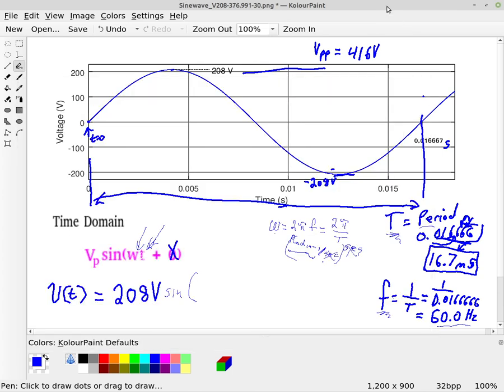So we're going to have 377 times t. And this is what we call the time domain form of this particular sine wave. So this is the time domain. We get the peak value, which in this case is a voltage, and we find the time.